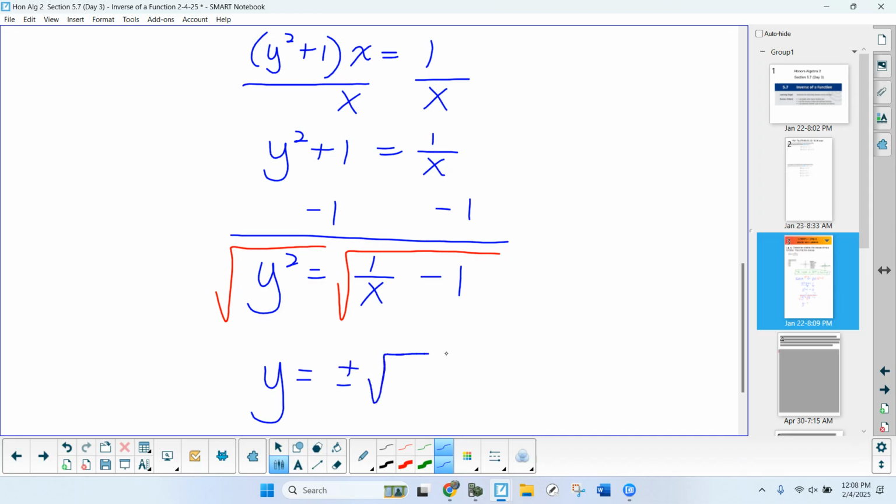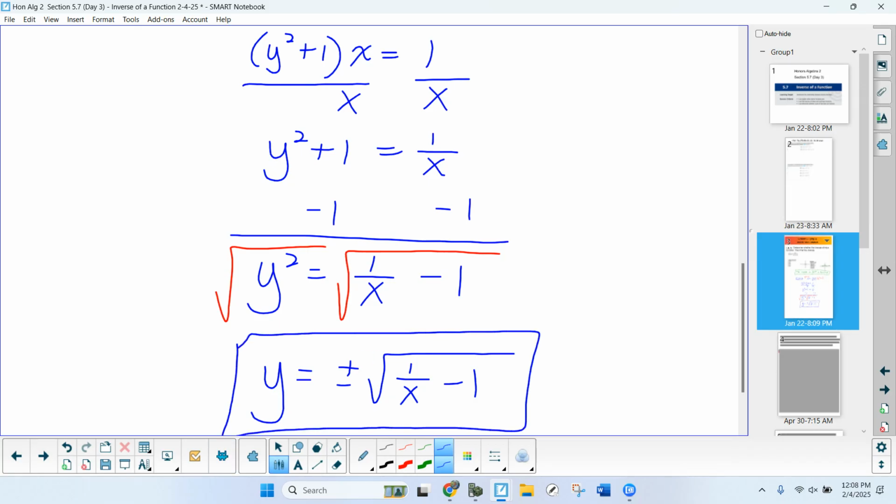Plus or minus. Now, the only difference from last night to tonight is I am not allowed to change that y to f negative 1 of x because it's not a function. So you can't use function notation because we said the inverse is not a function. So you cannot use f negative 1 of x notation. That's the only difference. Okay?